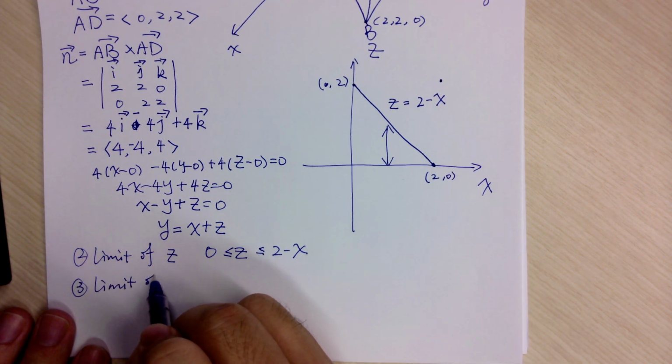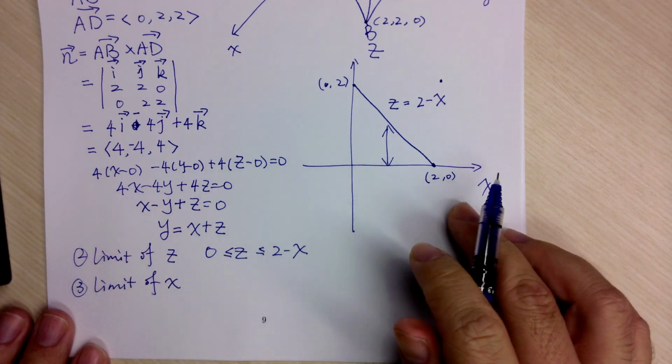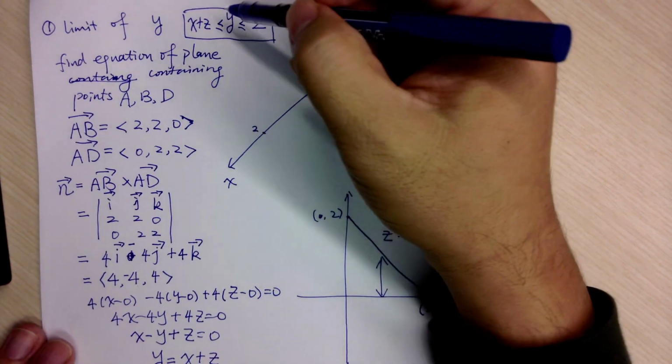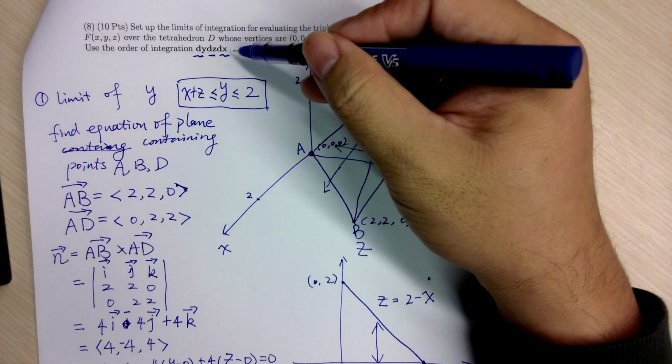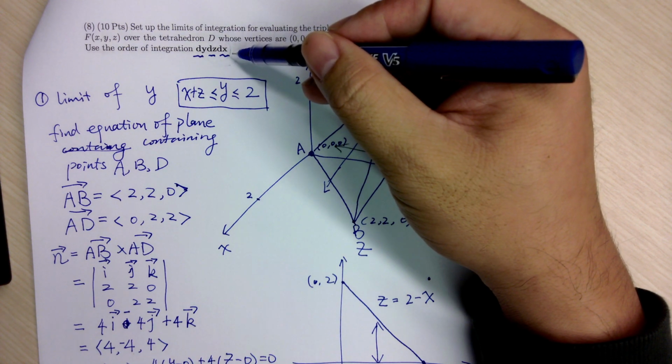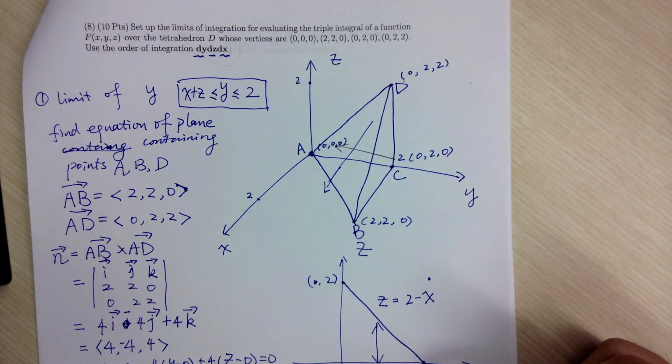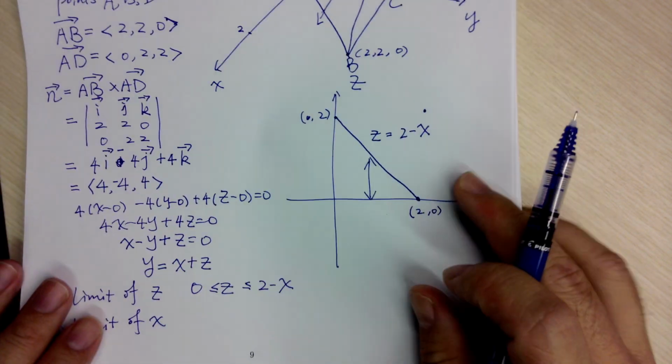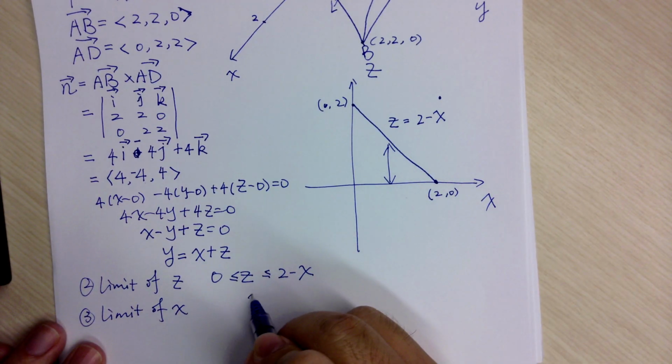And then the last one is super simple: the limit of x. x is the last part, so it's going to be bounded by constants, x from 0 to 2.